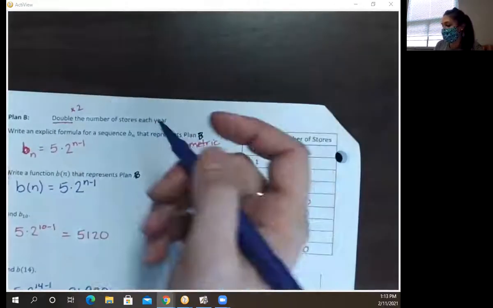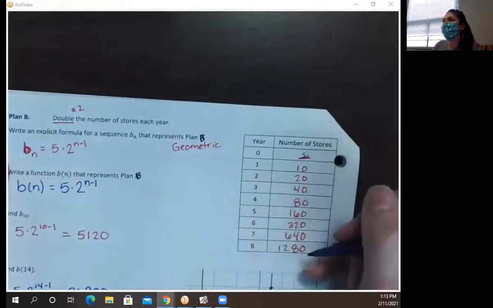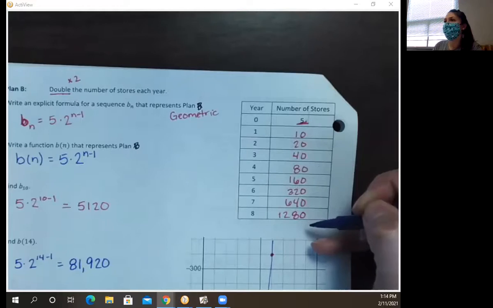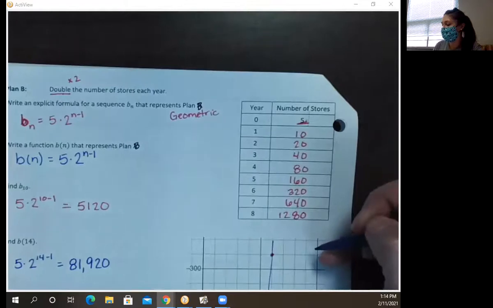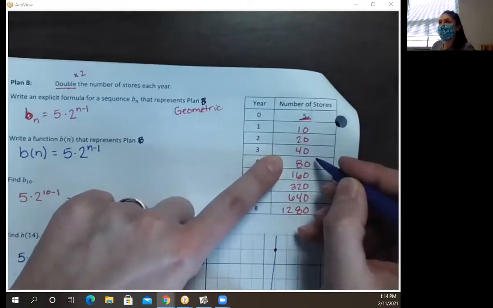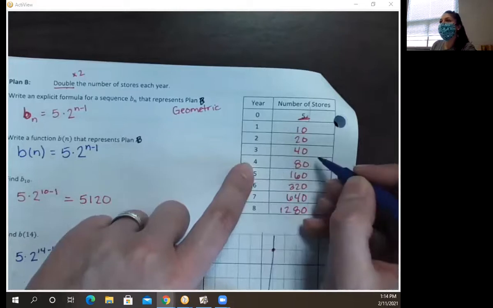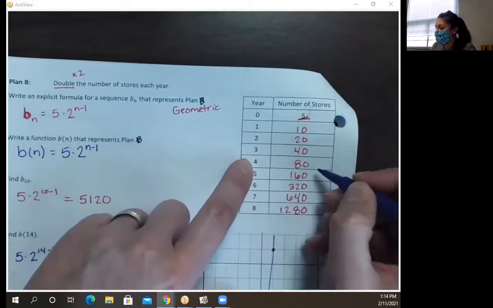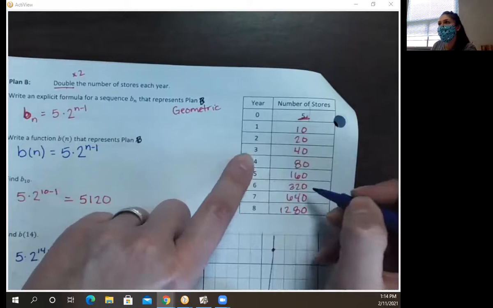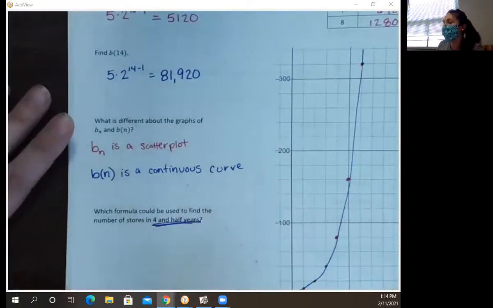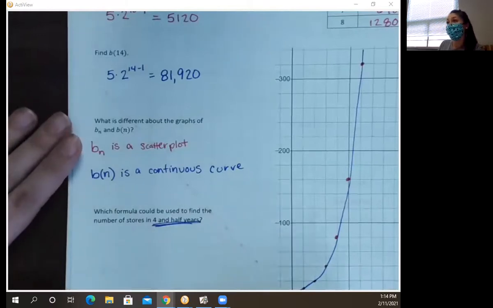Here our sequence is to multiply by 2. So every number I get is going to double, right? Multiply by 2. Do I ever have 50 in here as a step in my sequence? No. The third step is 40. The fourth step is 80 because I double it each time, right? So can I have steps in between? No.